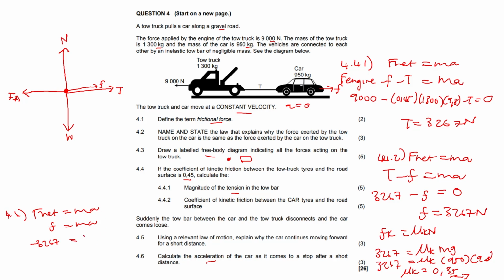Our mass is 950 and our acceleration is unknown. So you divide by 950 and you get negative 3.44 meters per second squared. You can either leave it at that or change it to positive and write backwards or to the right.